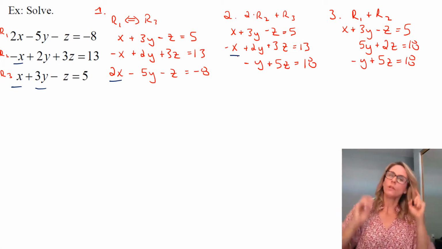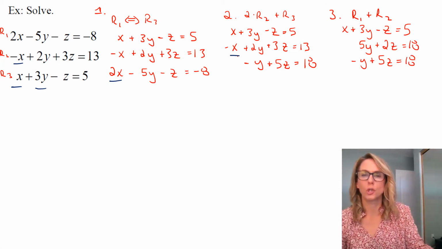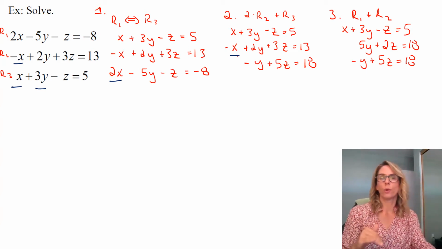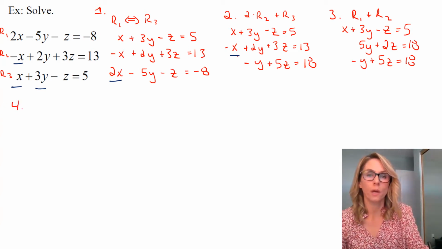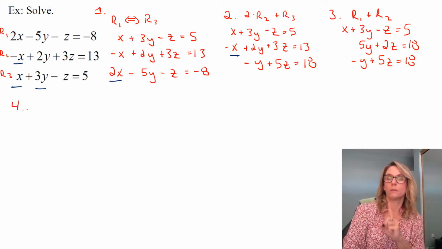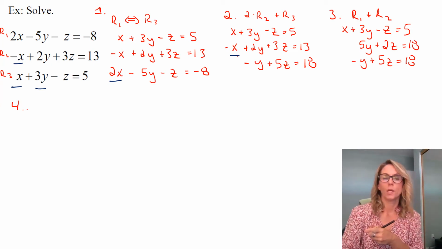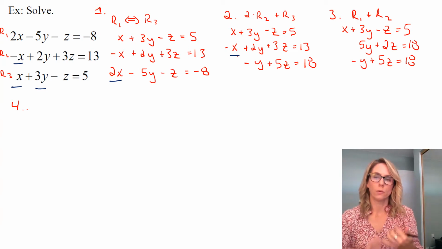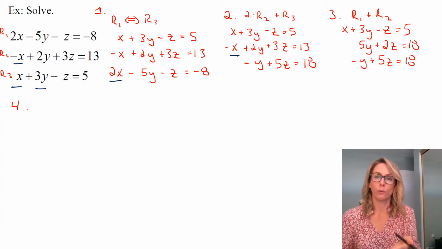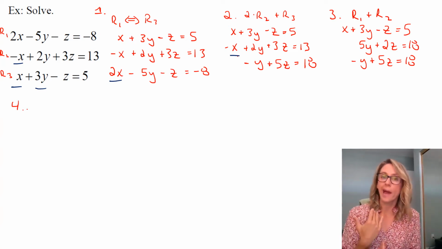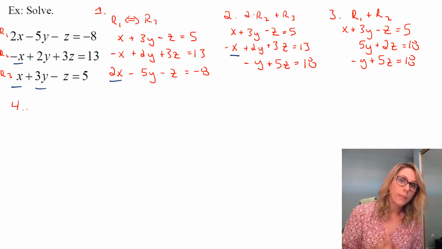Okay, so now we have these two equations for row 2, row 3, and to get ourselves to triangular form, we want to rid ourselves of that negative y. So there's really only one way to do this at this point, because we need to use row 2 and row 3. We don't want to use row 1 because I could add a variable back. That would be bad.